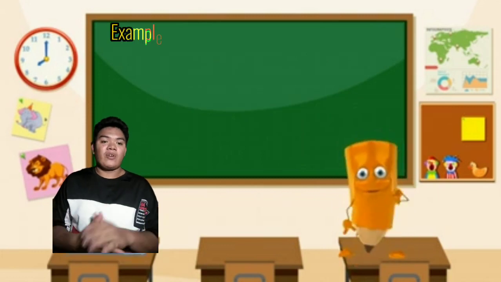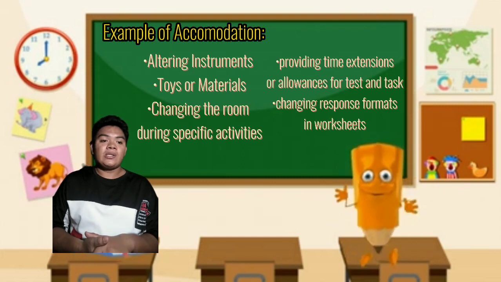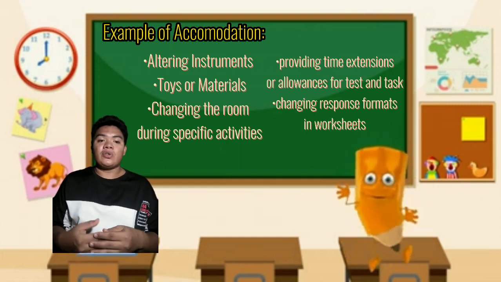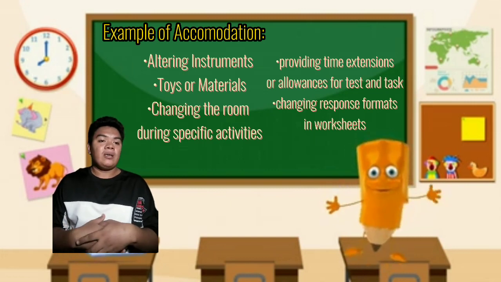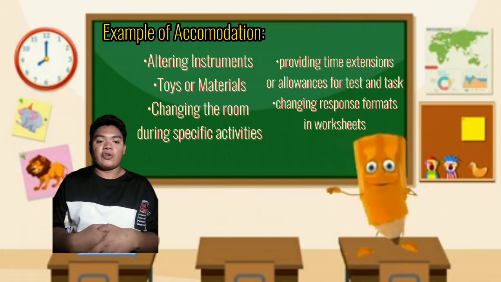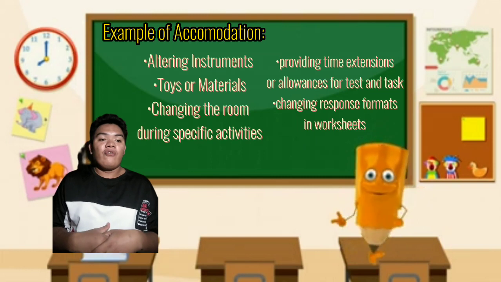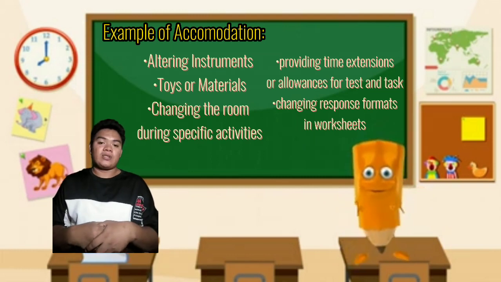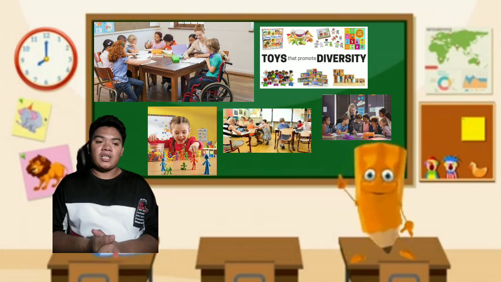Examples of accommodation are altering instruments, toys, or materials, changing the room during specific activities, providing time extension or allowance for tests, and changing response formats and worksheets. So those are the examples of accommodation.